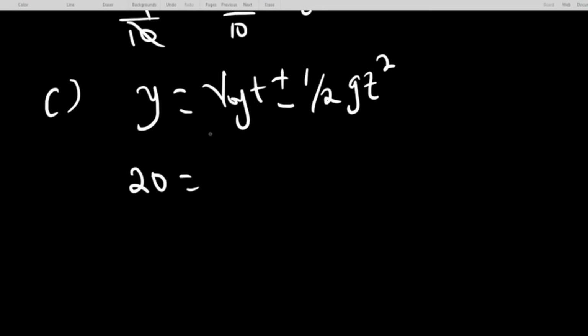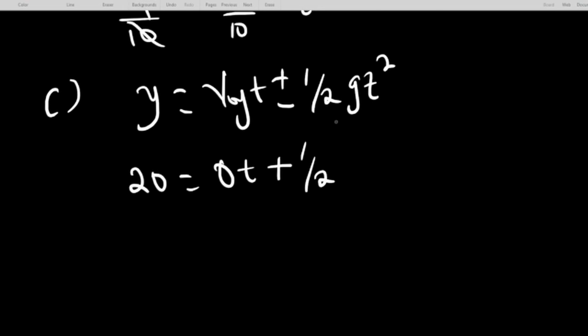This is equal to the initial velocity in the y direction at the maximum height, which is 0, so 0 multiplied by t, then plus half. Again, our g is 10. We have t squared. We're looking for the time from the maximum height, not from the origin, but from the maximum height. That's what we're actually looking for.